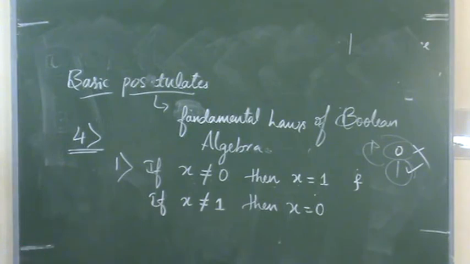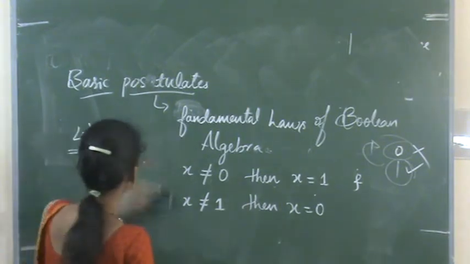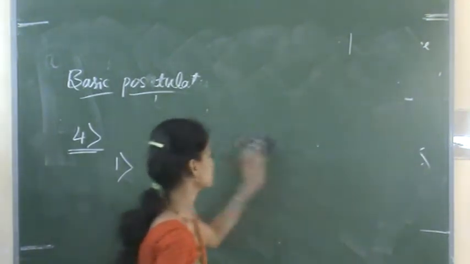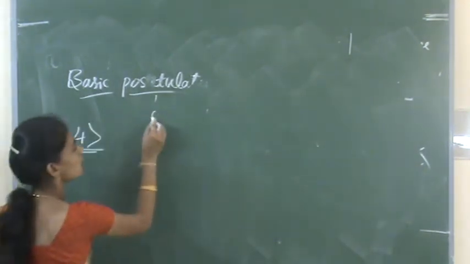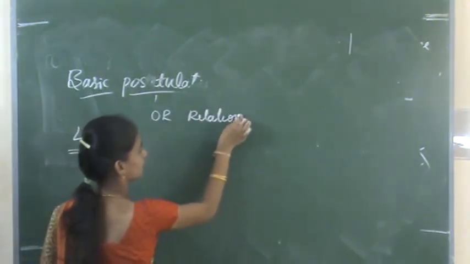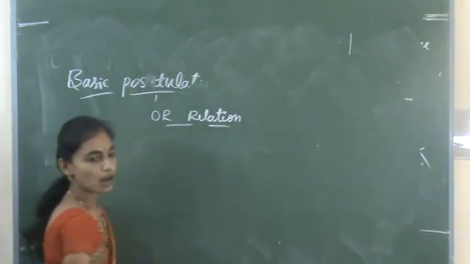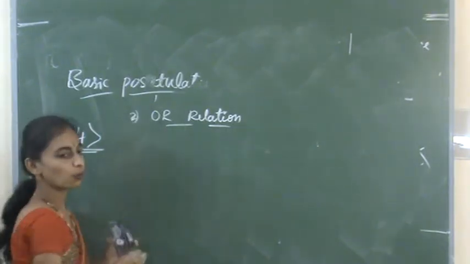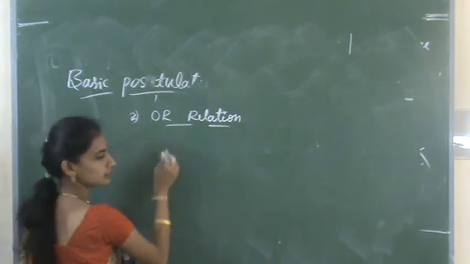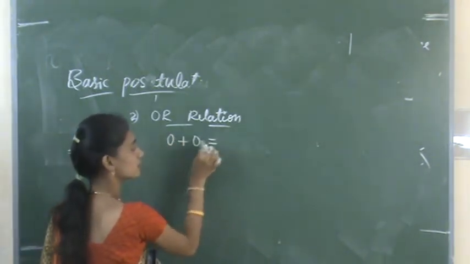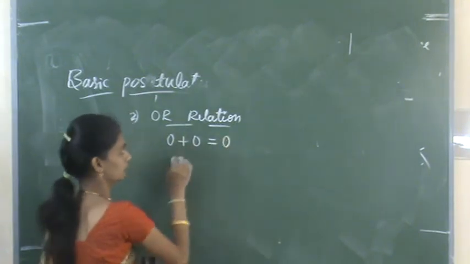Next, the second postulate is the OR relation. In this second postulate, 0 plus 0 is equal to 0.